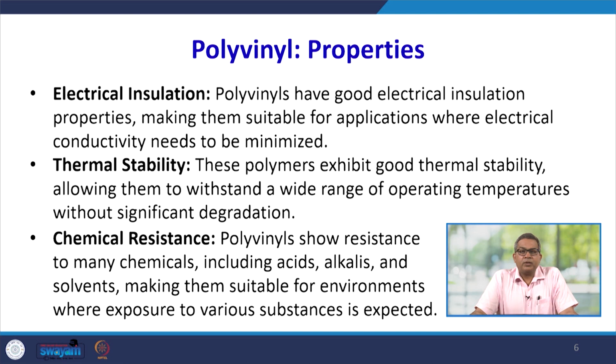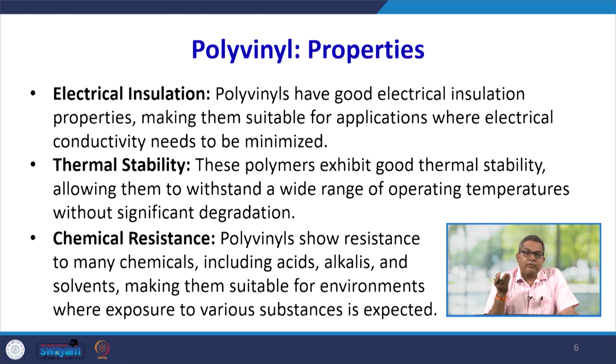Now, when we talk about the properties, because if we go for end use, we have to look into the different properties. The first property is electrical insulation. They have good electrical insulation properties, making them suitable for applications where electrical conductivity needs to be minimized.